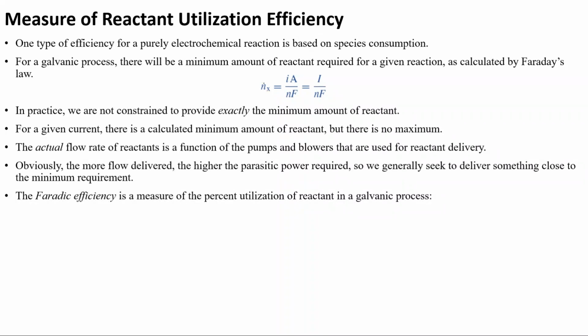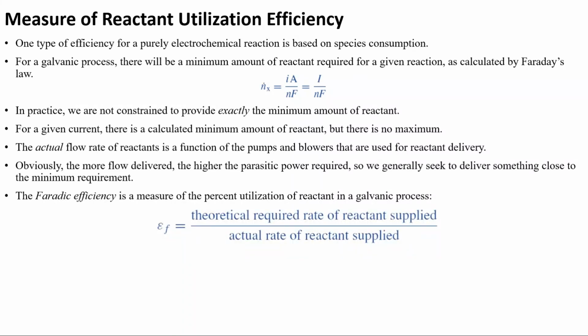For this case, we define a Faradaic efficiency. Faradaic efficiency is a measure of the percent utilization of a reactant in a galvanic process. It determines how much reactant is utilized in a particular galvanic process. For example, we supply reactant at a particular rate, and there is a theoretical rate required for a reaction.